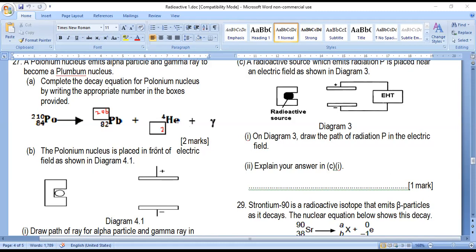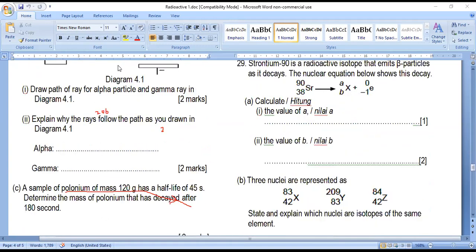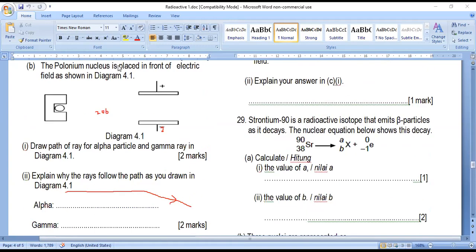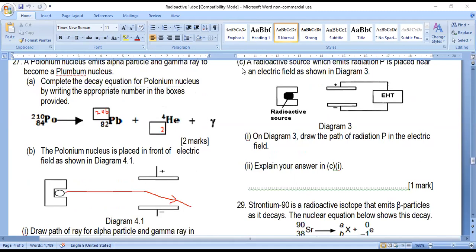Now, polonium nucleus is placed in front of the electric field. Draw the path of alpha particle. Deflected. Okay. One more is gamma. They want gamma also. So gamma will travel straight.